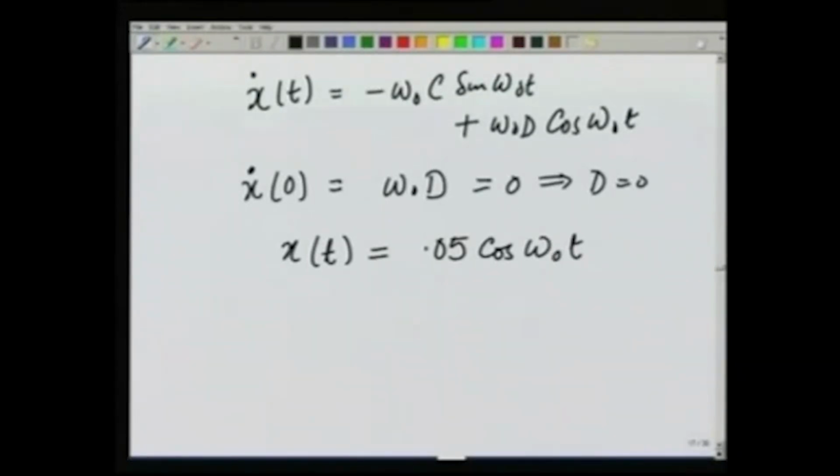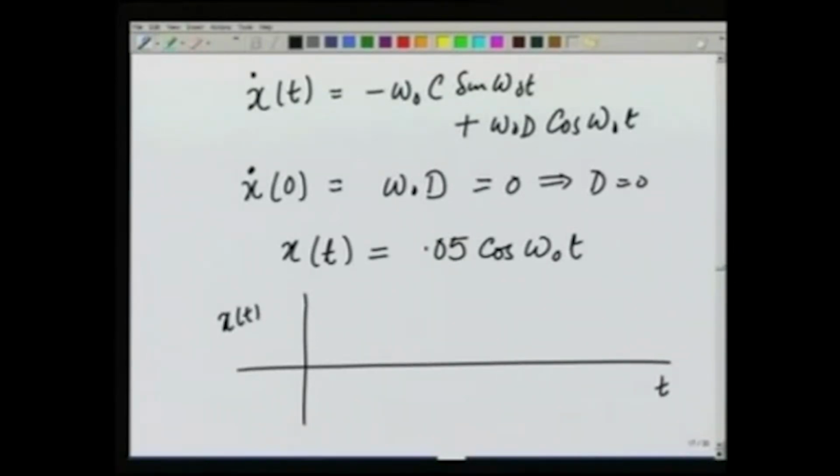If I plot it on an x(t) plot, it will look something like this, where this distance is 0.05.